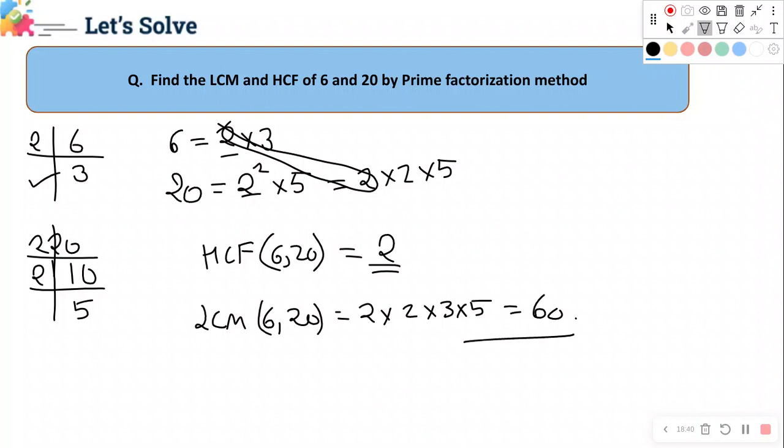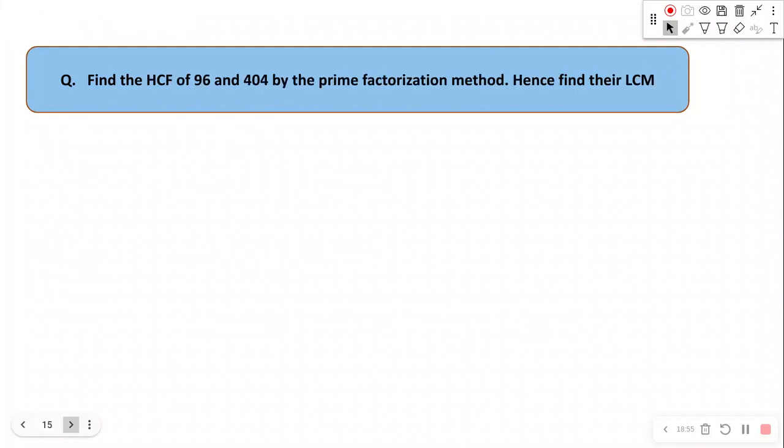So 60 becomes your LCM. Once you make a pair of the common numbers, you have to take it one time only. And the remaining numbers cannot be paired, so you have to take them as they are. Okay, so that is your LCM and HCF of 6 and 20.